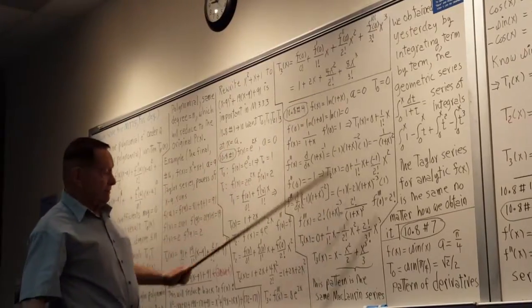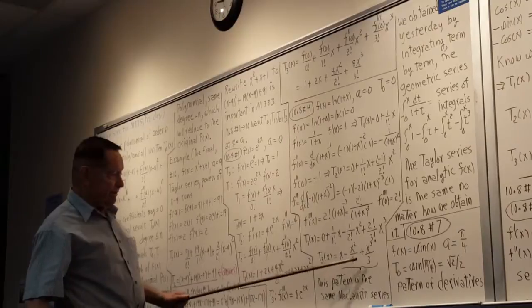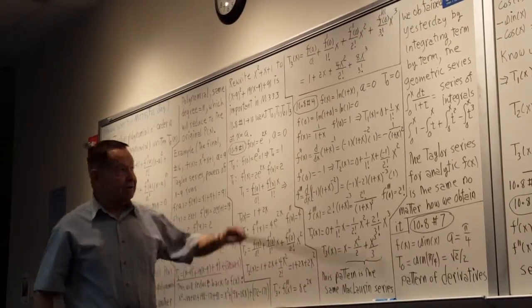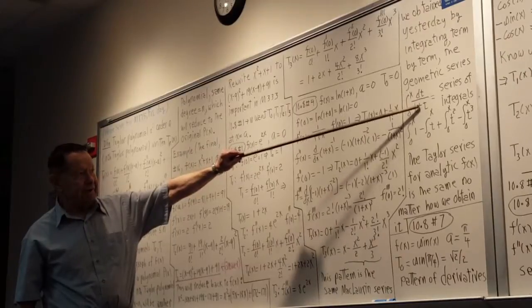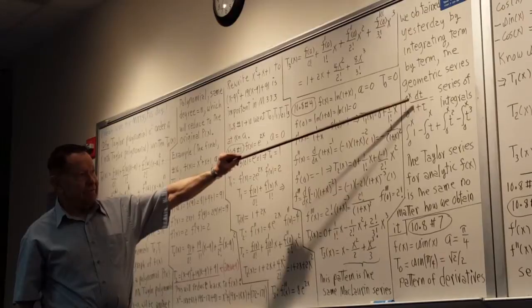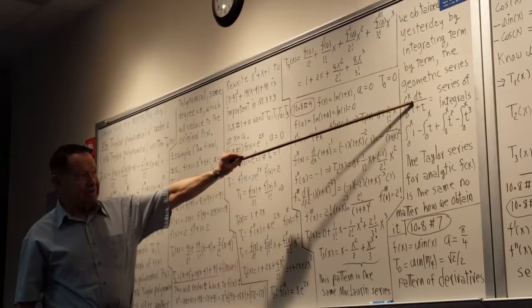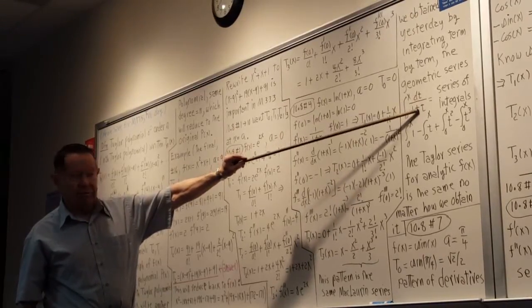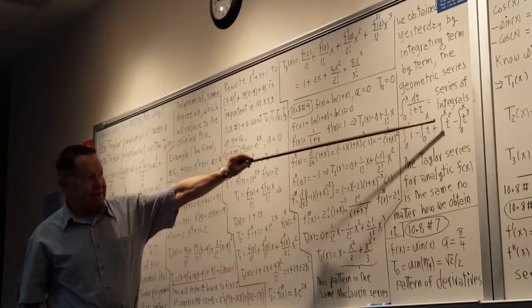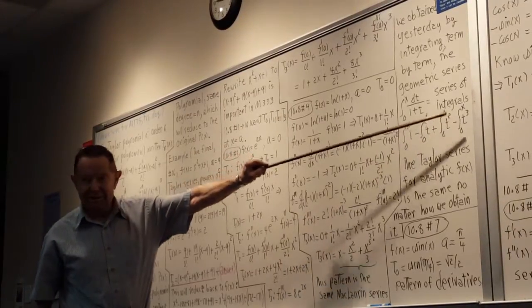Yesterday we got the start of this same Maclaurin series by taking the geometric series, if you were here yesterday, and integrating that. We wrote out the geometric series for 1 over 1 plus t, which was 1 minus t plus t squared minus t cubed.